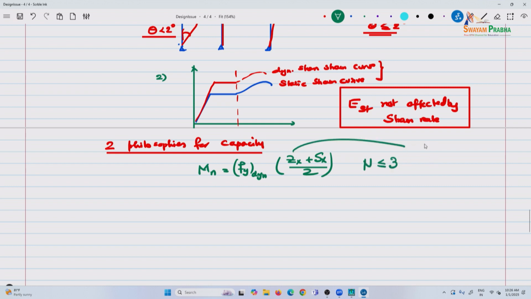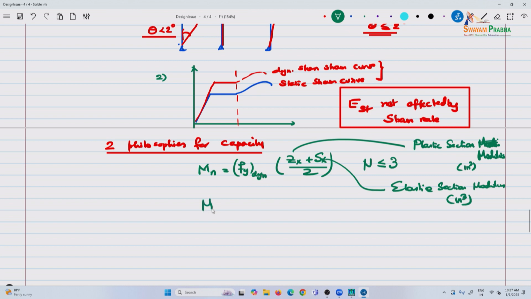This is your plastic section modulus in inches cubed, and this is your elastic section modulus in inches cubed.